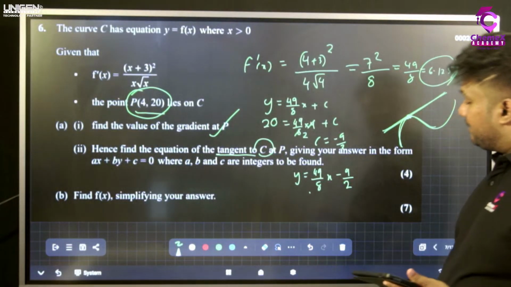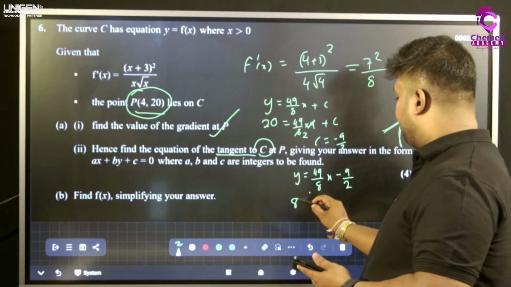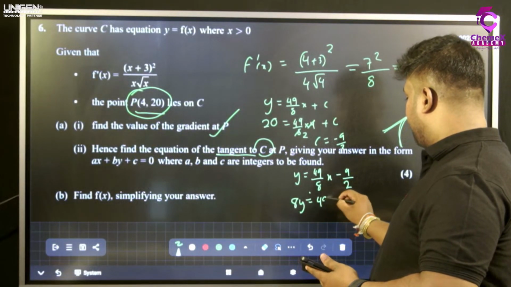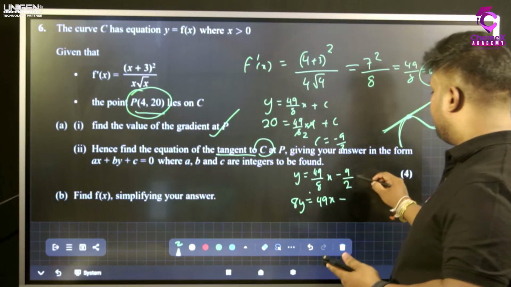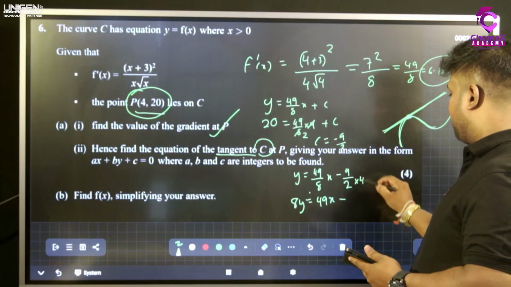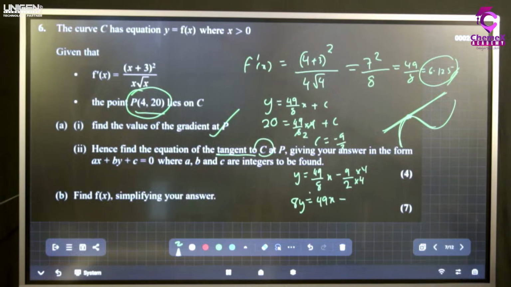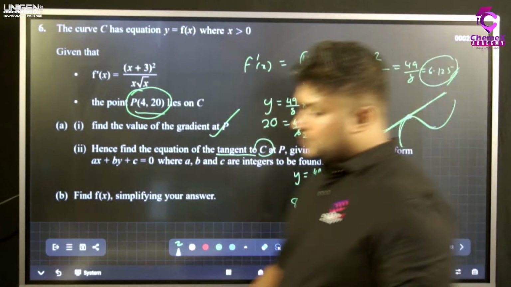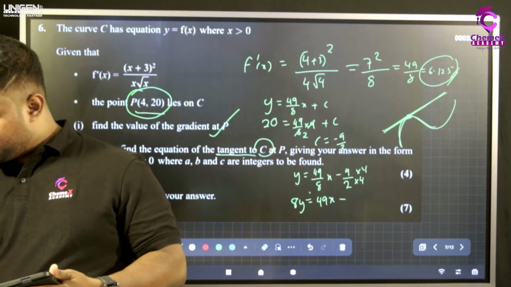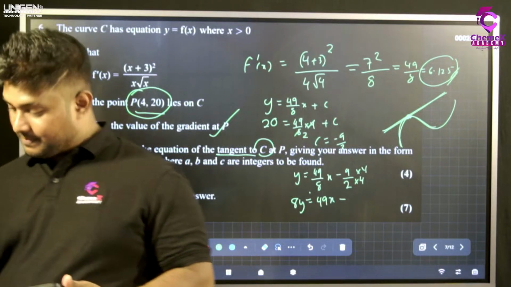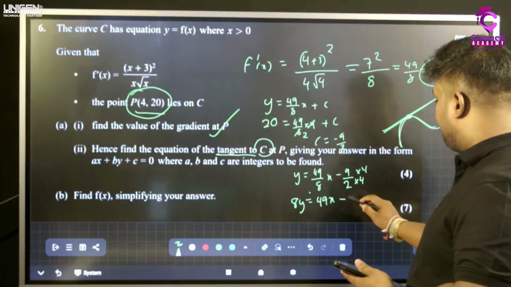You multiply everything by 8. 8y equals 49x minus 9 times 4. What is 9 times 4? 36.